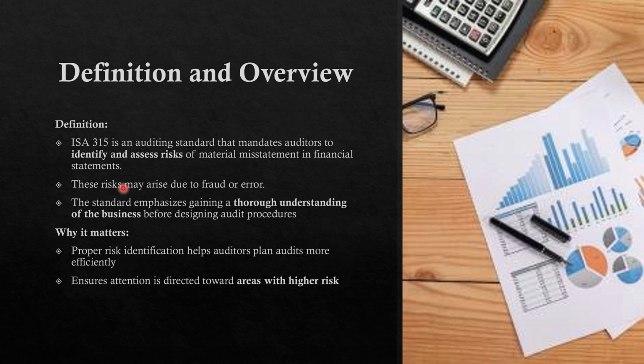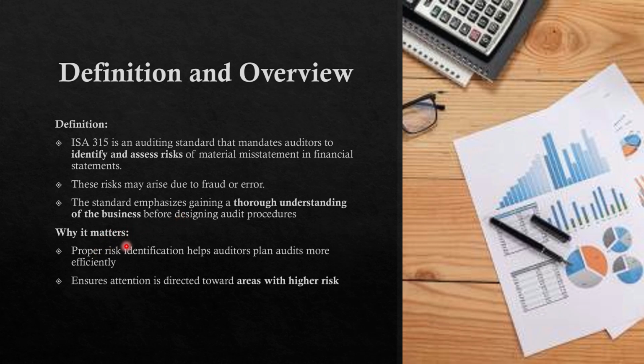These risks may arise due to fraud, such as intentional manipulation, or error, such as mistakes in calculations or system failures. The key message of this standard is that auditors must first understand the business properly before deciding how to audit it. So, why is ISA 315 so important?